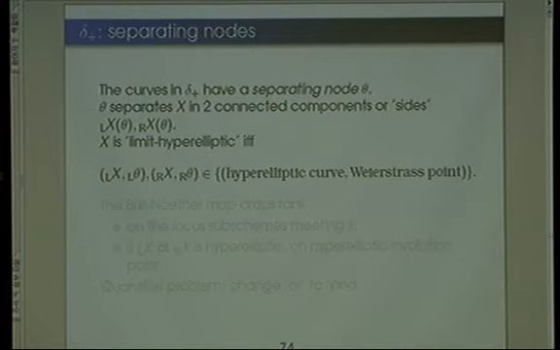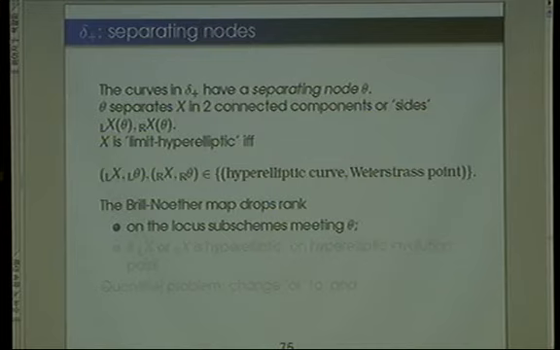And now, so that's on one side. On the other hand, when does the Brill-Noether map drop rank? Well, it always drops rank in this situation on the locus of subschemes that have 1 point or more in the node.